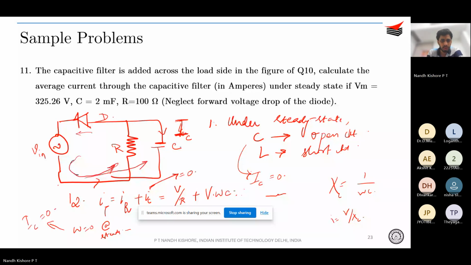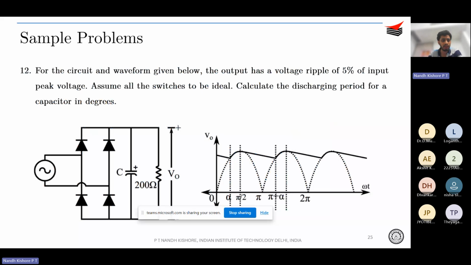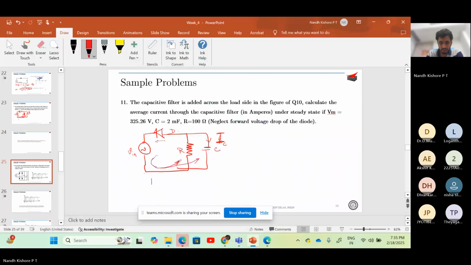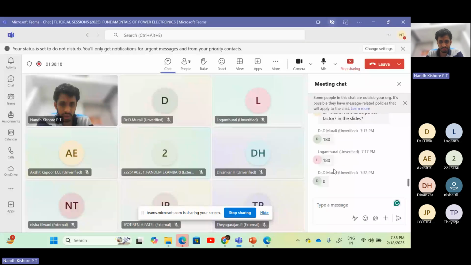Okay. So the current will always be a ripple AC current. The capacitor will always take in only AC current during the steady state. It cannot take DC current. So the average current will always remain 0. Let me check. Yeah, it is 0, correct.